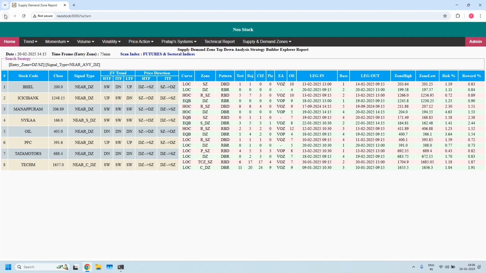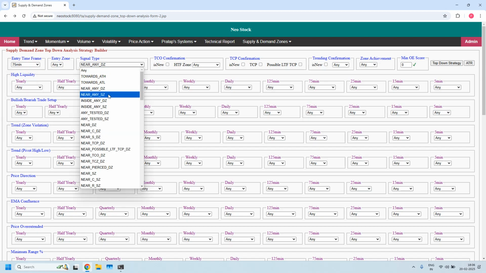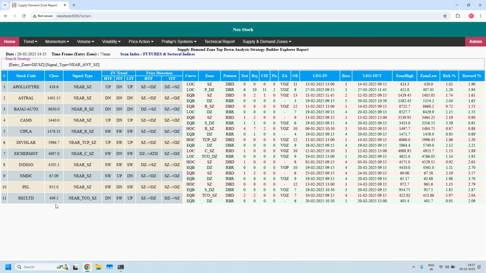Okay, next, for 75 minutes time frame, stocks near 75 minutes supply zone, we got 11 stocks. Out of these 11 stocks, let us identify high liquidity supply zones. Bajaj Auto is having a high liquidity 75 minute supply zone.